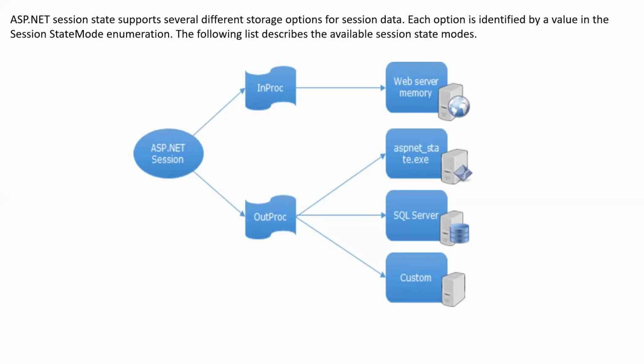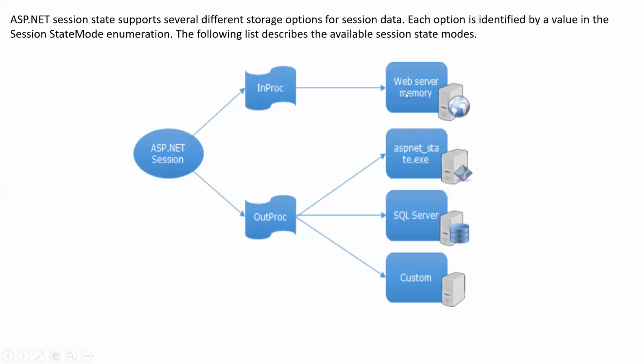If you look at InProc, we have web server memory. The InProc process model is the default session state mode, and it is specified using the InProc session state mode enumeration value. InProc mode stores session state values and variables in memory on the local web server. It is the only mode that supports the Session_End event, which is available in the global.asax file, because the other approaches won't support it.